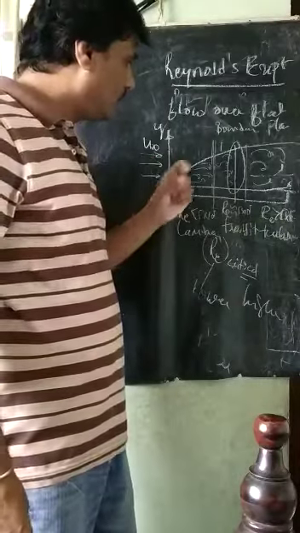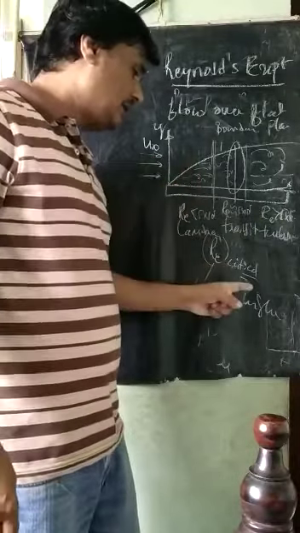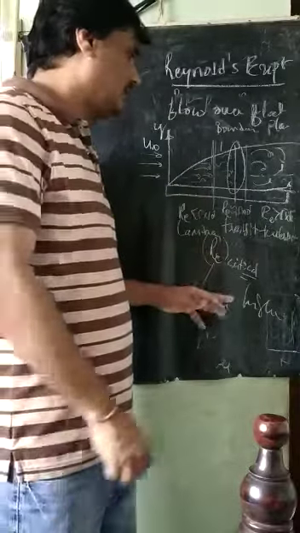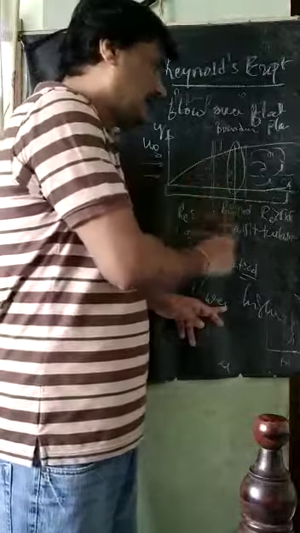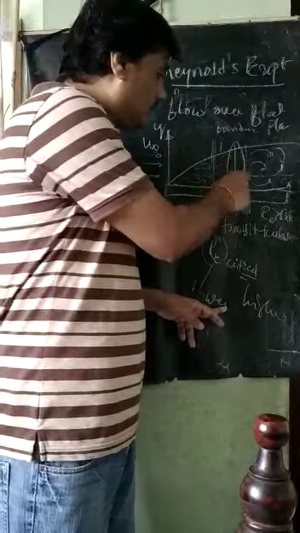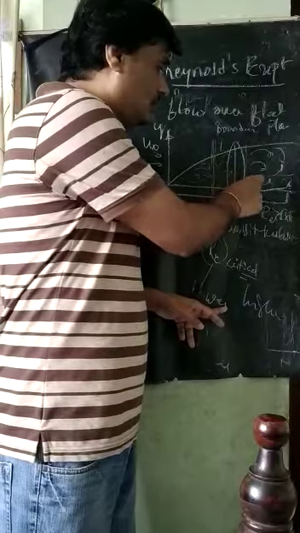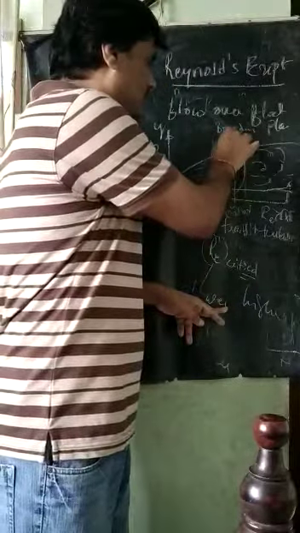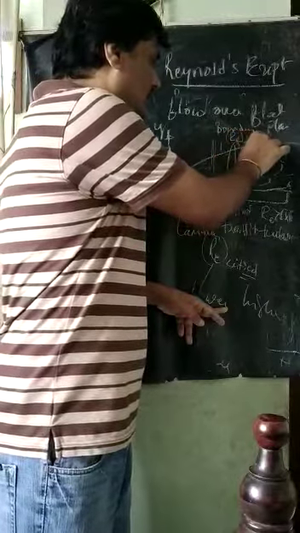So what do we mean by lower critical Reynolds number and higher critical Reynolds number? Lower critical Reynolds number means the Reynolds number at which the fluid starts converting from transition to turbulent flow. That is called the lower critical Reynolds number.